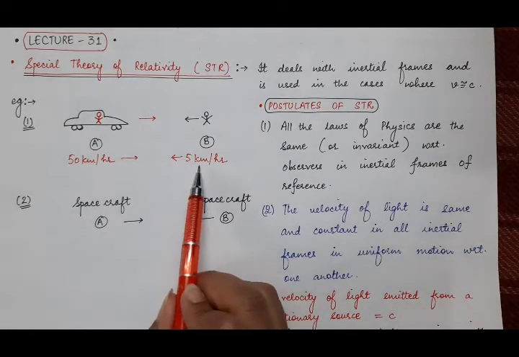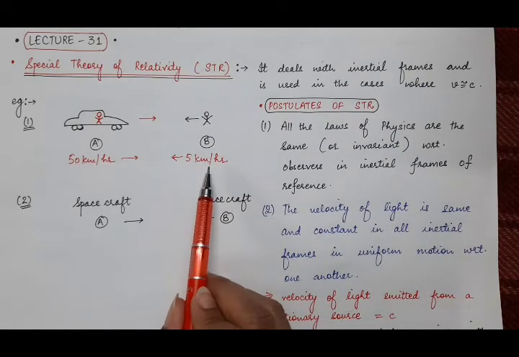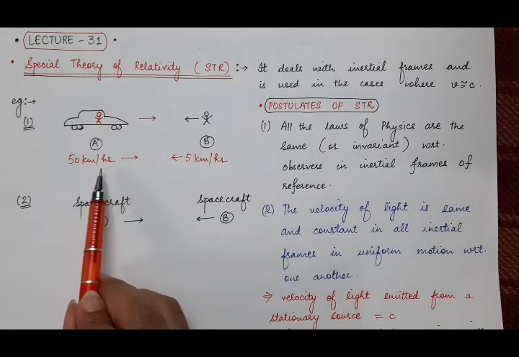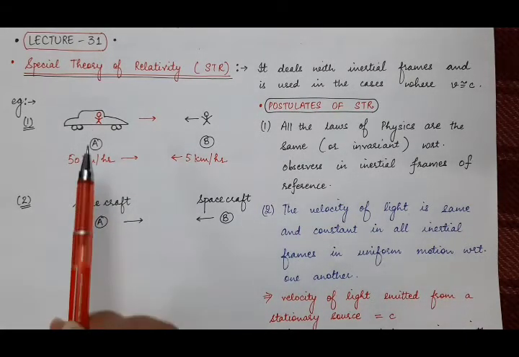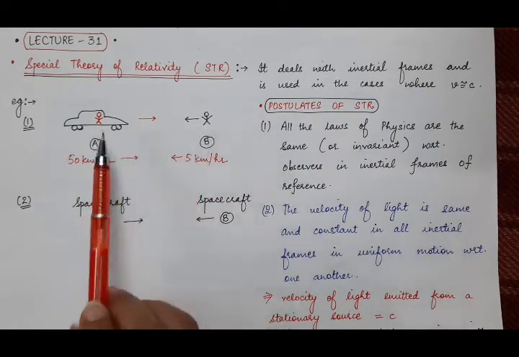This speed of 5 km per hour is with respect to the ground, and in the same way the speed of the car, 50 km per hour, is also with respect to the ground. It means this car is approaching this person and this person is approaching this car.